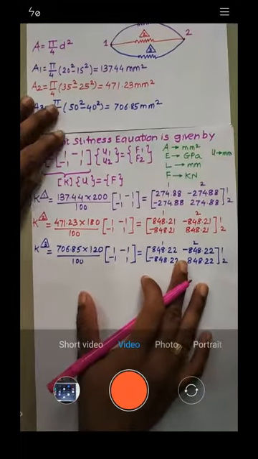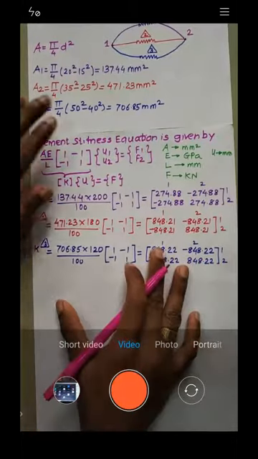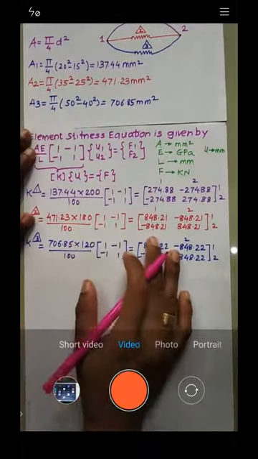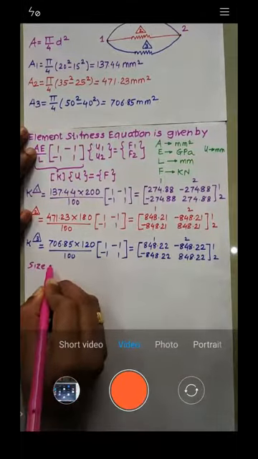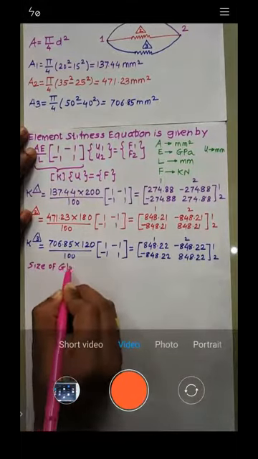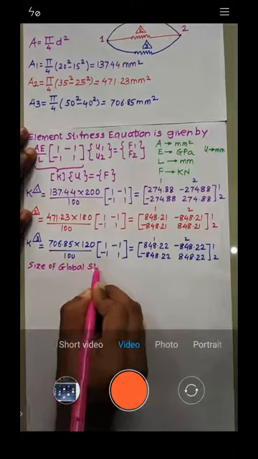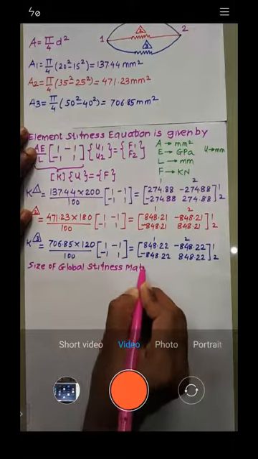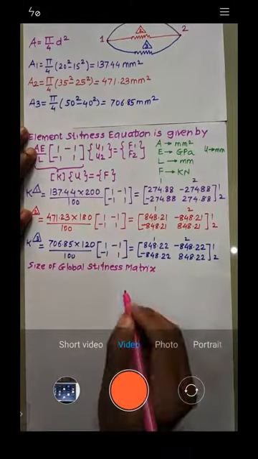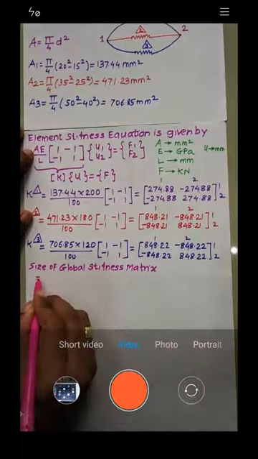In order to write the global stiffness matrix, we should be able to write down its size. So I'll mention here the size of the global stiffness matrix. How will you determine it?